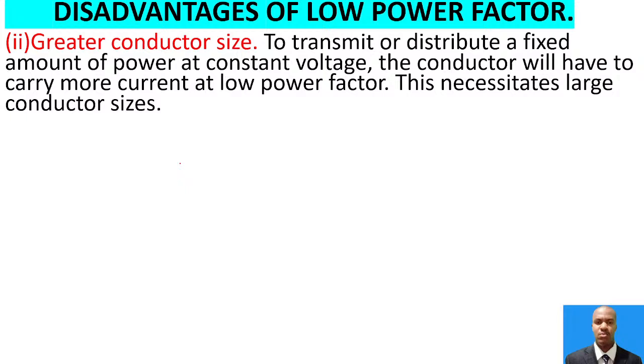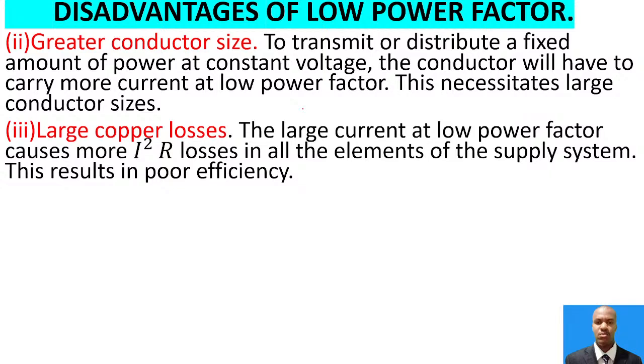So to transmit or distribute a fixed amount of power at a constant voltage, the conductor will have to carry more current at a very low power factor, and this necessitates large conductor sizes.